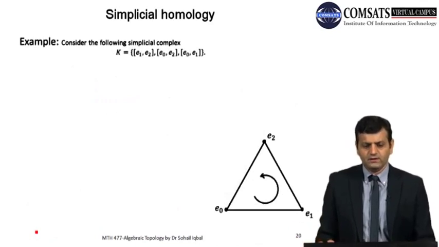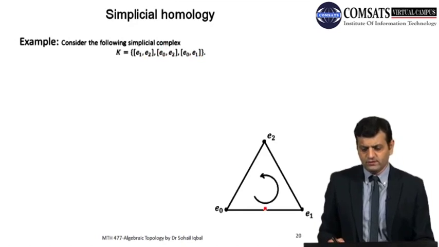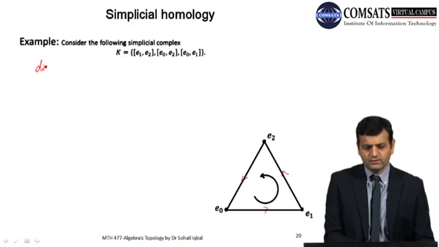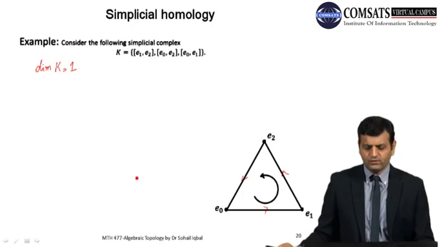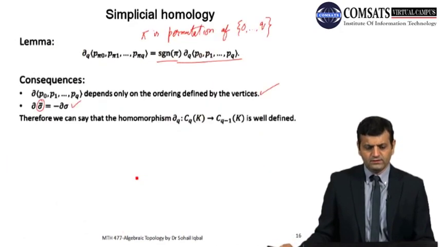Let's calculate the homology of this simplicial complex. This is a simplicial complex which is composed of these 1-simplices, in other words this hollow triangle. What is the dimension of this simplex? The dimension of K is 1. Let's go back to one of our results.